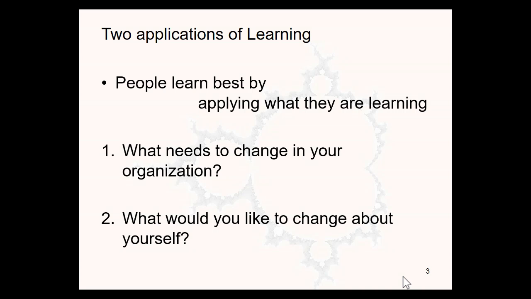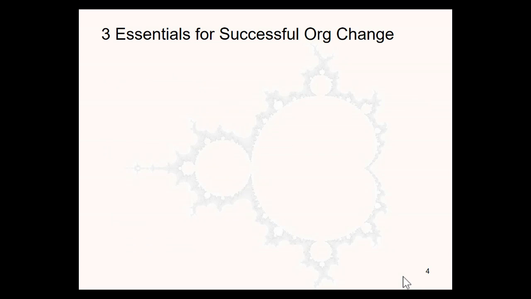Moving forward then, what are the key 3 essentials for organizational change? These are the things that you have to get right. The basis for these comes from many years of experience, both professionally leading and being involved in change initiatives.